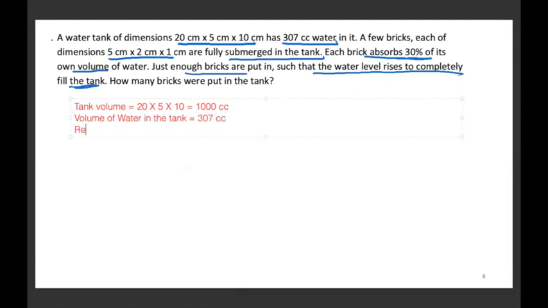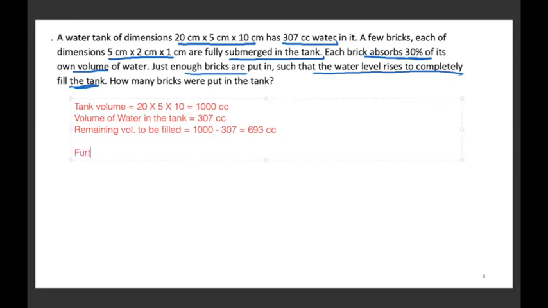So, the remaining volume to be filled in the tank will be equal to 1000 cc minus 307 cc, which comes to 693 cc.